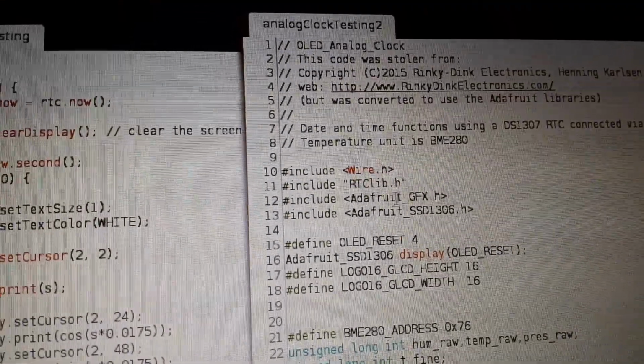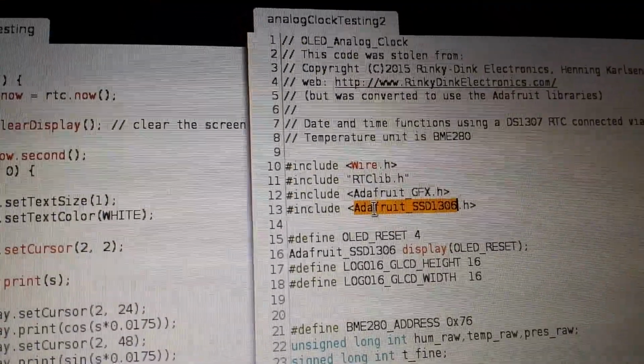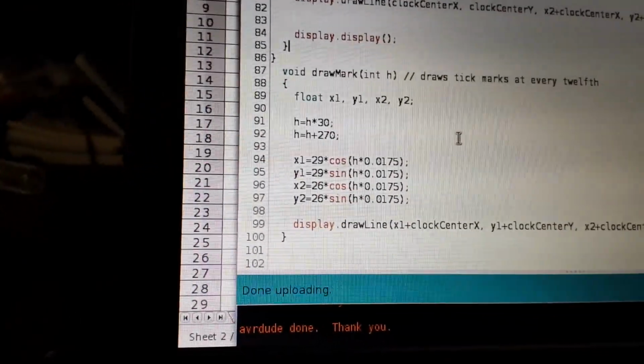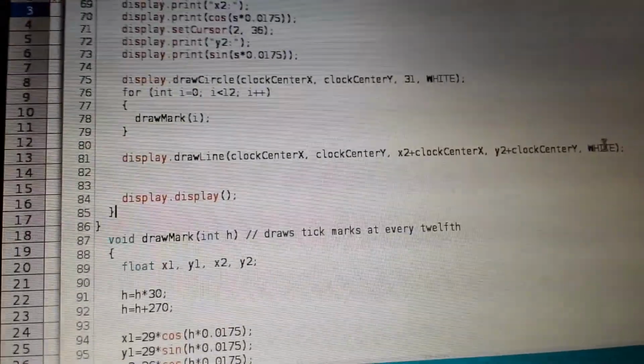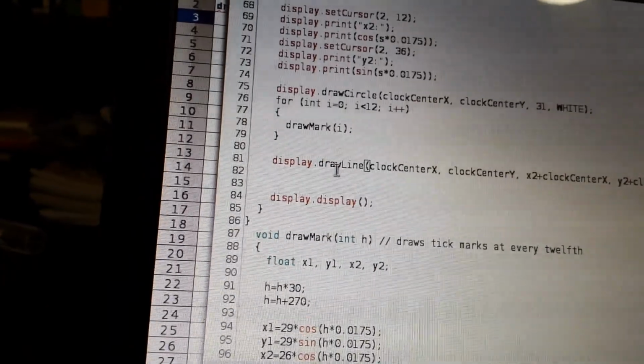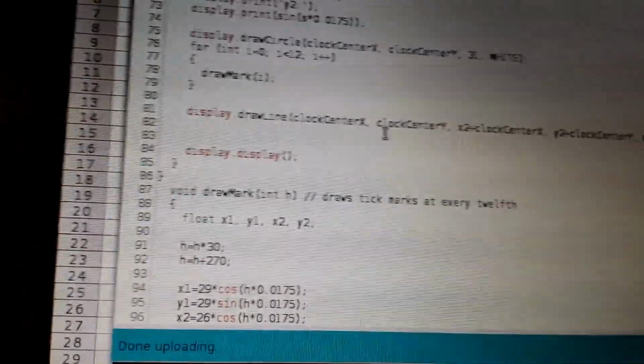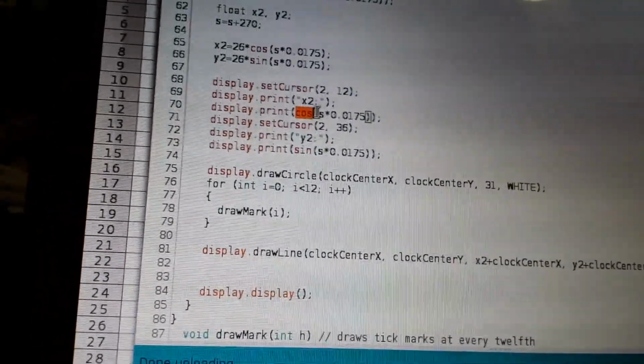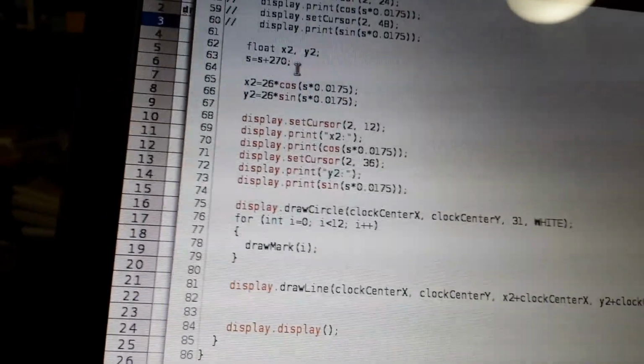I used the Adafruit library, and it uses similar functions, but just enough different that I had to make some modifications, like the color of the line to be drawn. I think that was really the only modification, and of course the name of the function I was running.